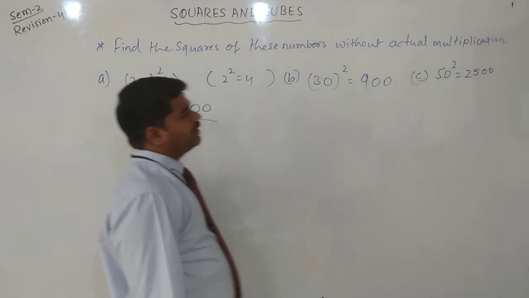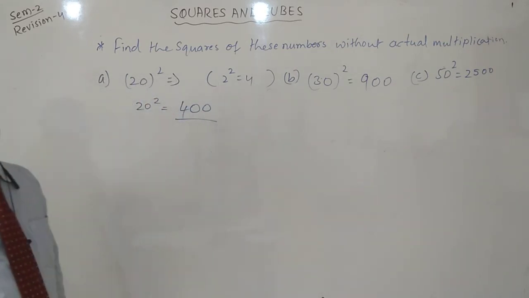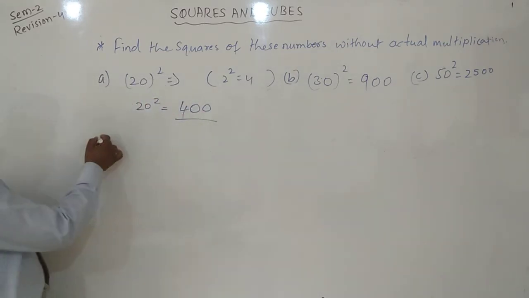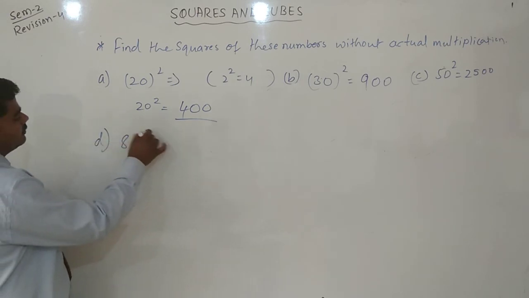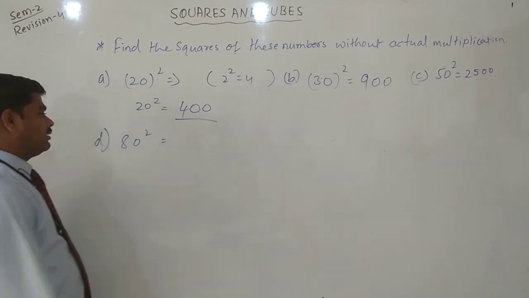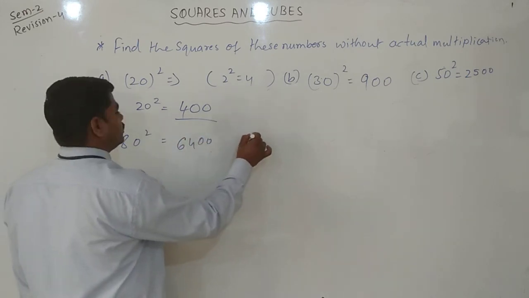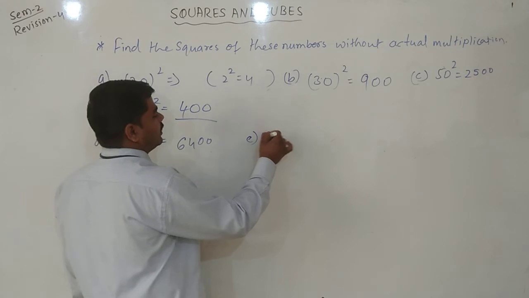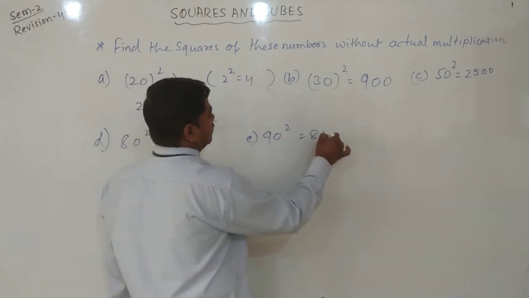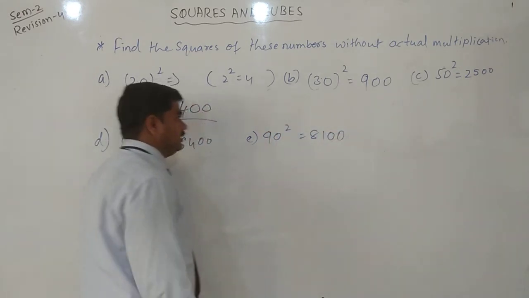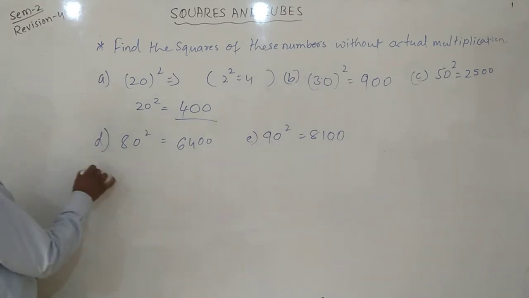Yes, 50 into 50, that is 2500. Like this. 80 square. 80 into 80, that is 64 and 2 zeros. Yes, 90 square, 8100.